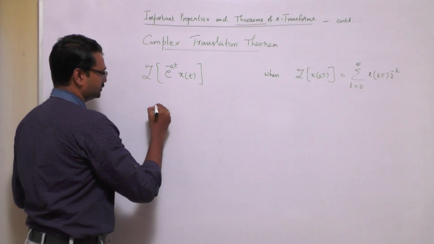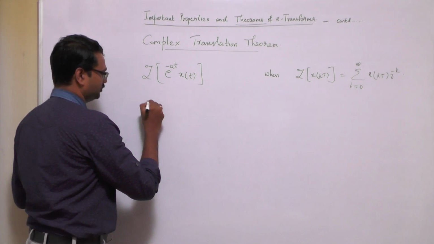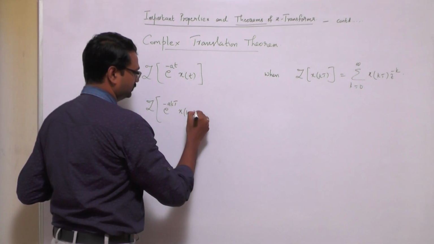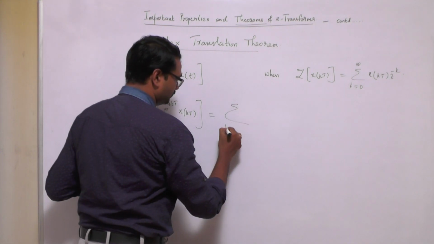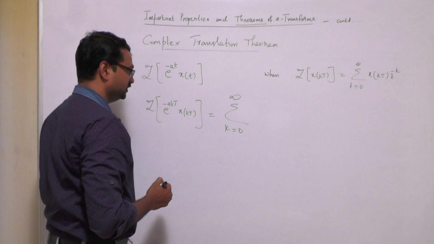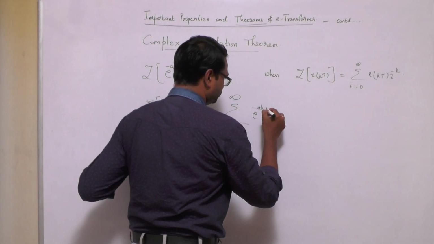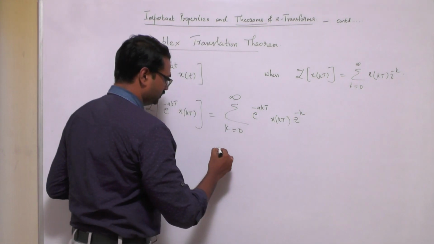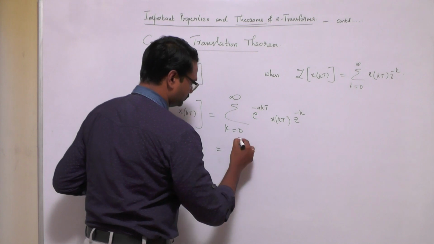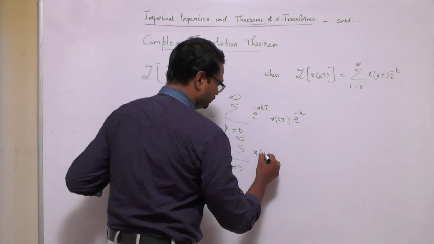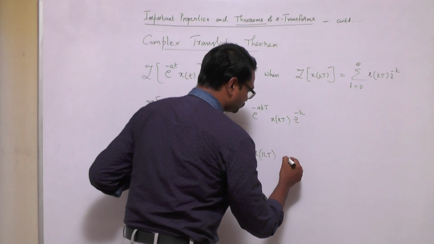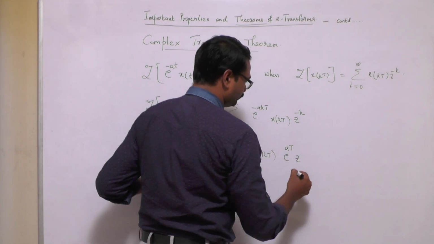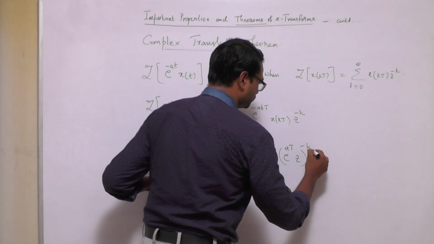According to this equation, by definition the z transform of e^-akT x(kT) gives us the sum for k from 0 to infinity of e^-akT x(kT) z^-k. Now if I simplify this function, it is the sum from k=0 to infinity of x(kT) into (e^aT z)^-k.